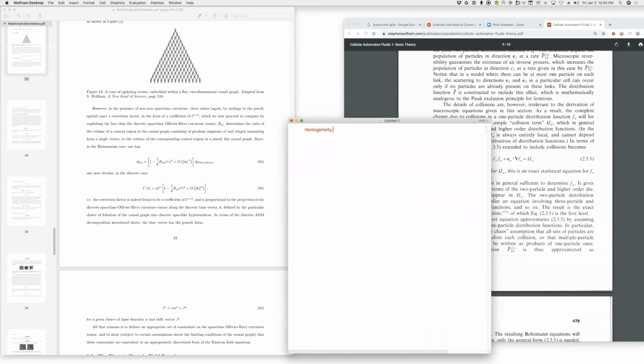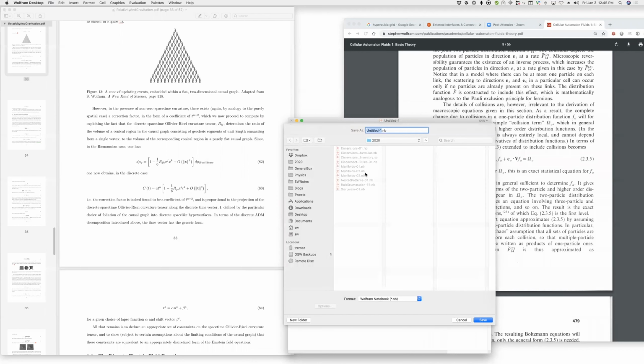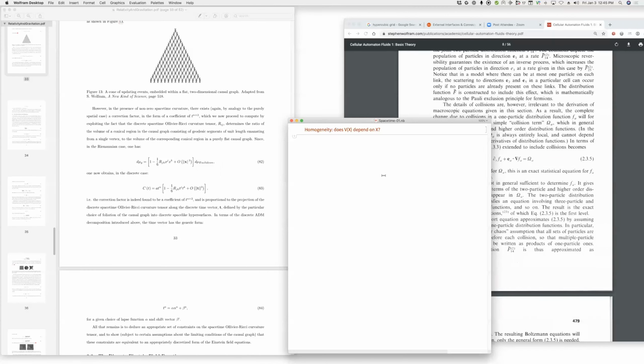Now the question is, what forms can V sub r have if it is independent of x?